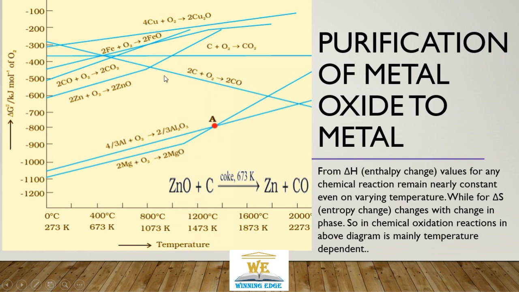Carbon gets oxidized and this is spontaneous, while zinc oxide to zinc is non-spontaneous, and the energy supplied by the oxidation of carbon is used to reduce zinc oxide to zinc. That is what the Ellingham diagram says.